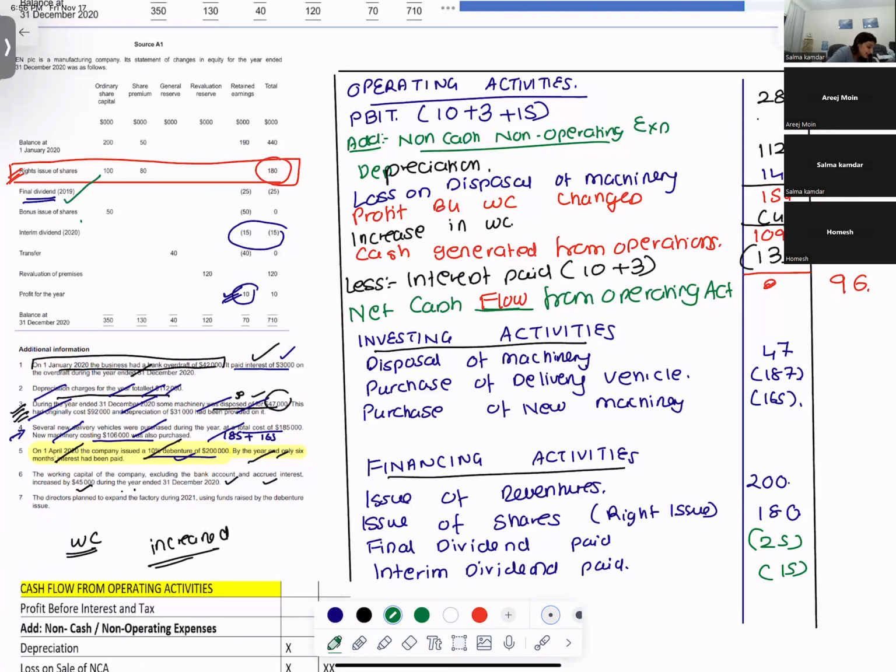Bonus issue. Is there any inflow or outflow? Are you receiving money when you give bonus shares? No, no money is coming in. Transfer to reserves: is there inflow or outflow?